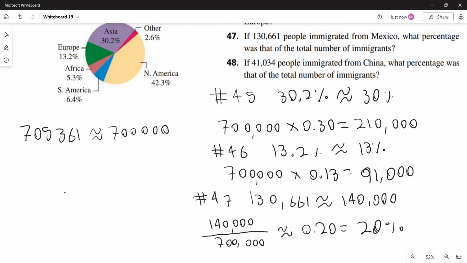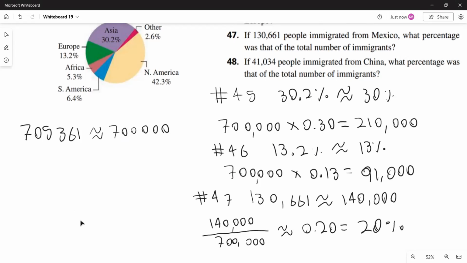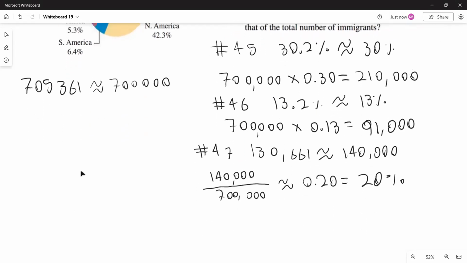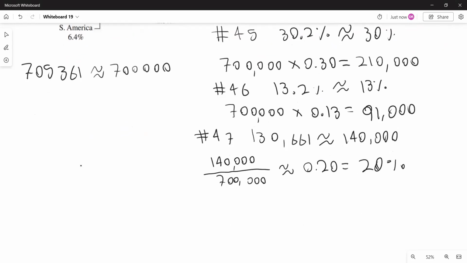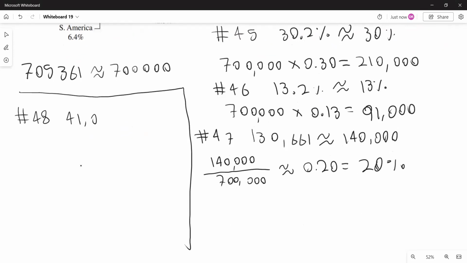And the last question, if 41,034 people immigrated from China, what percentage was that of the total number of immigrants? So I'm going to use the space to answer number 48. 41,034 is approximately 42,000.